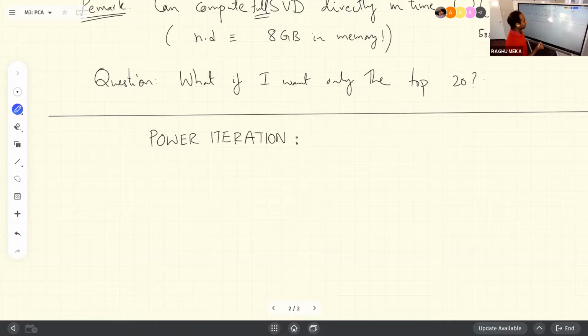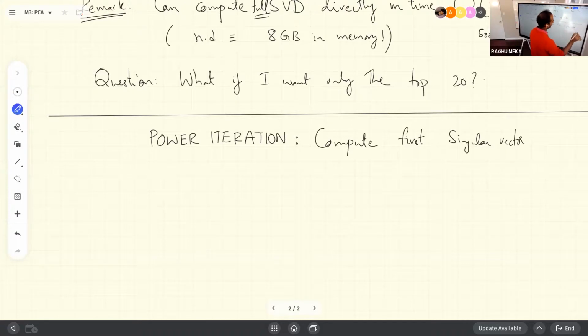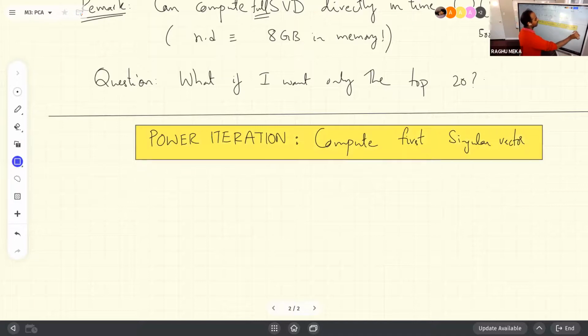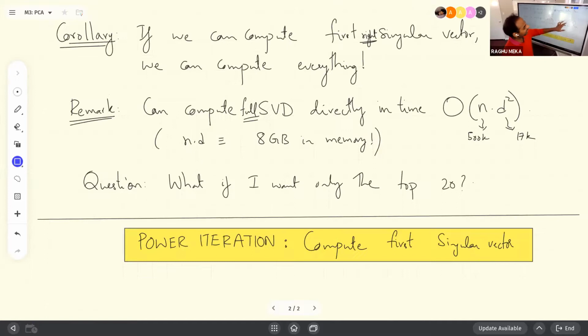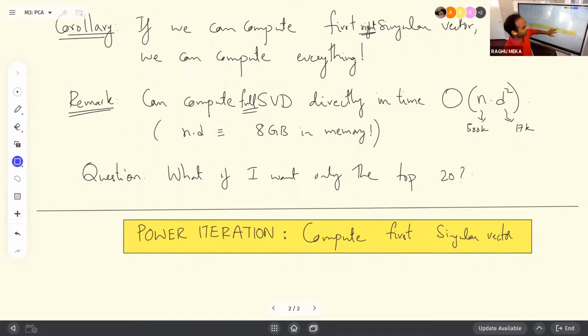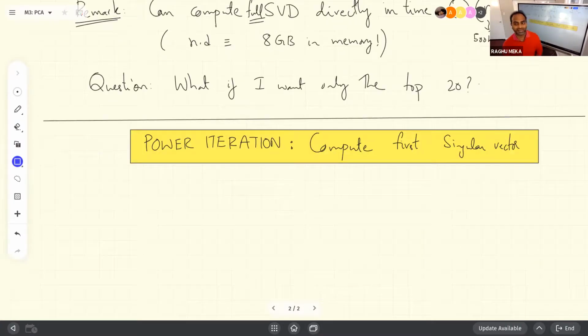What it does is compute the first singular vector, and it will do it in time which is almost linear in the data size. To compute the full SVD, n times d squared is way too expensive, but here we'll run it in time which is basically the size of the data set, like n times d.